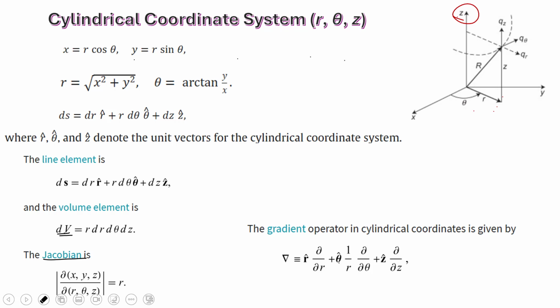Because sometimes we have to change the double integral from the Cartesian into polar, especially when we have a closed curve like a circle or ellipse. When you have a circle or ellipse, it is better to use the polar coordinate in 2 dimensions. If you have a cylinder, it is better to use the cylindrical coordinate. If you have a sphere or part of a sphere, it's better to use the spherical coordinate. This is why you have to get an idea about the coordinate systems.